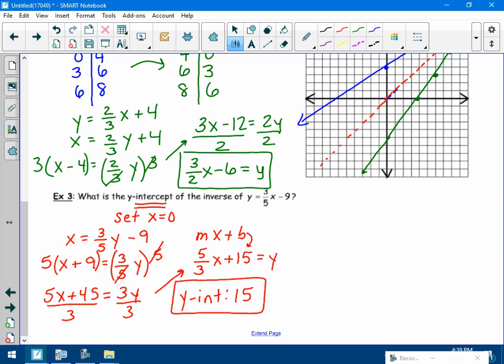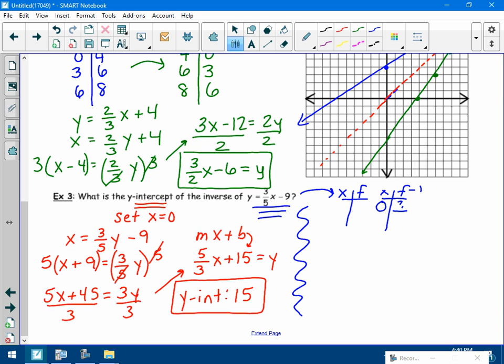Now, if that totally made sense to you, good, do it that way. There's a sneaky, fast way to do it, too, that some of you maybe have thought of. If I want the y-intercept of the inverse, what would that have been in the original function? So we know a y-intercept is when x equals 0. We don't know what that is on the original function, because that's what I'm given here.